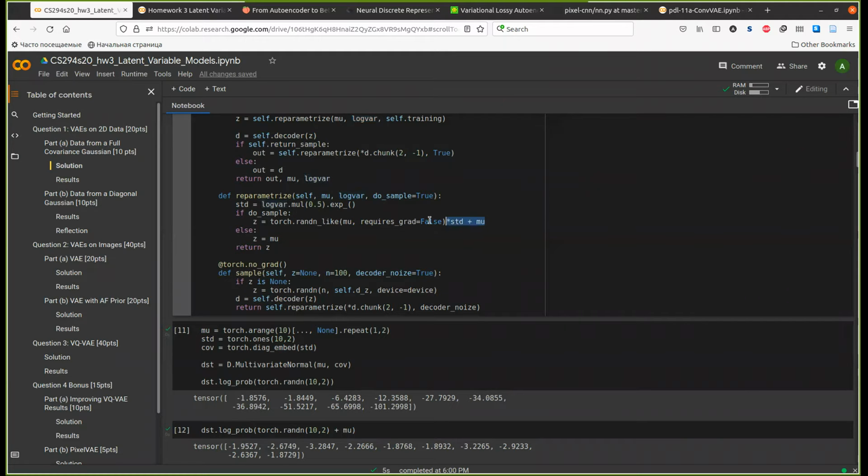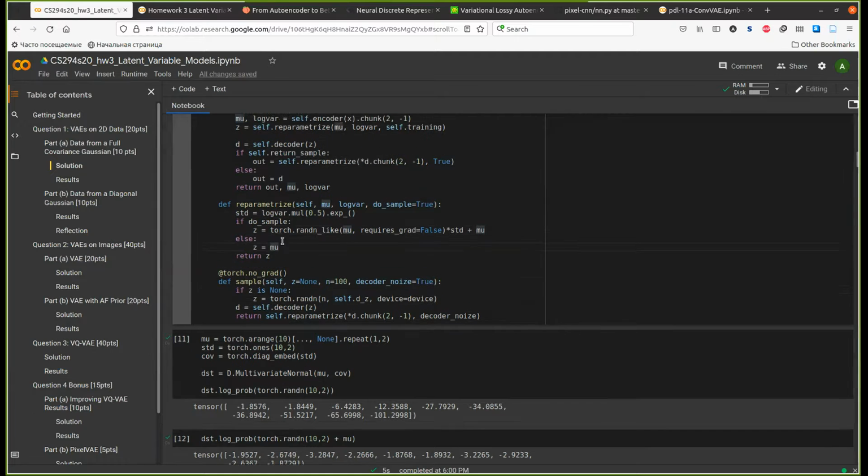That is the reparameterization trick, which we discussed in detail in the previous sessions. At test time, we do not add this noise. We just use the means, and that would be our latent variable.